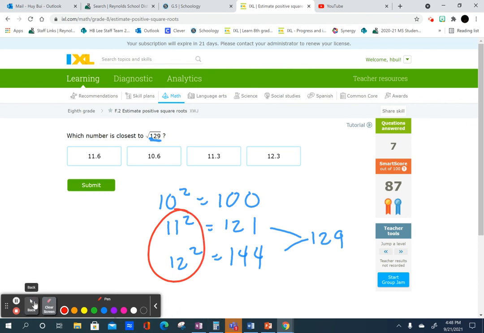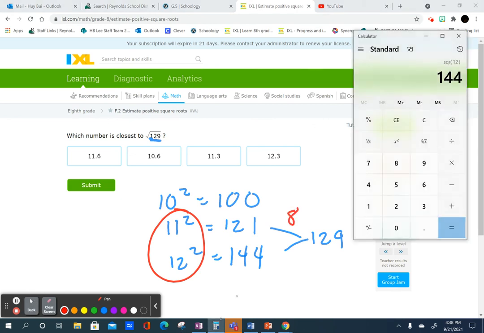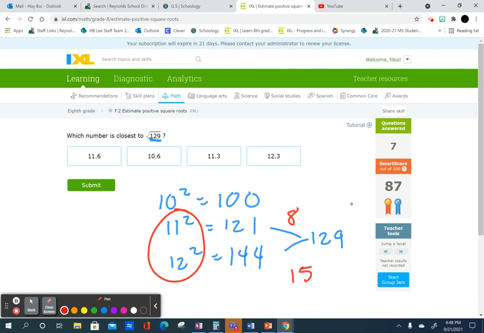Okay, now 129 is 8 away from 121, and if I subtract 144 minus 129, it's 15 away from 144. So it's going to be closer to 11 because it's closer to 121. So a number that's closer to 11 but more than 11.